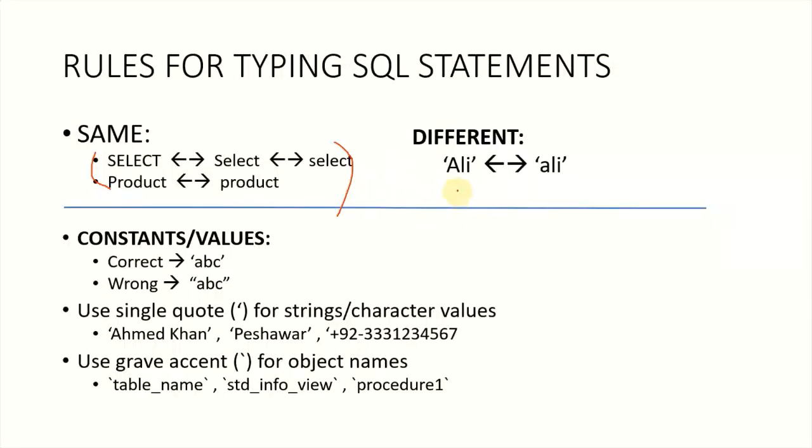For strings or for characters, we must use single quotes, and inside the quotes the case is considered. Like here A is in uppercase and this one is in lowercase, so both are different.